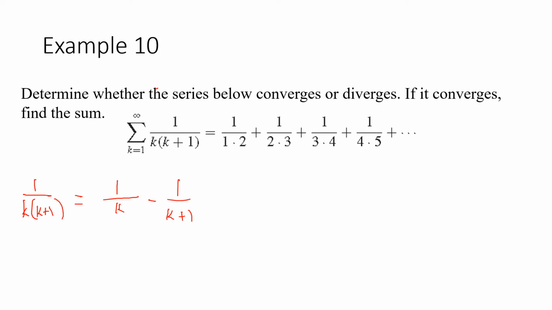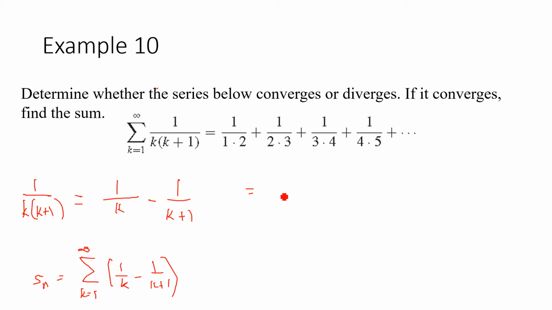From which we can obtain, using the same concept of the sum, s sub n, that would be equal to the summation of the partial fraction, 1 over k minus 1 over k plus 1, k from 1 to infinity.